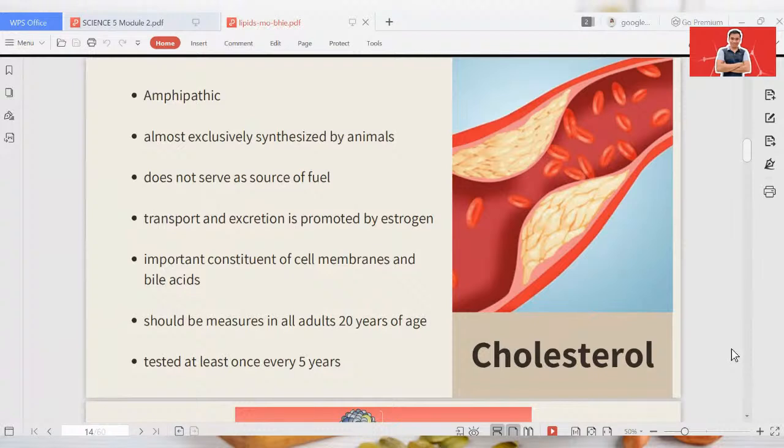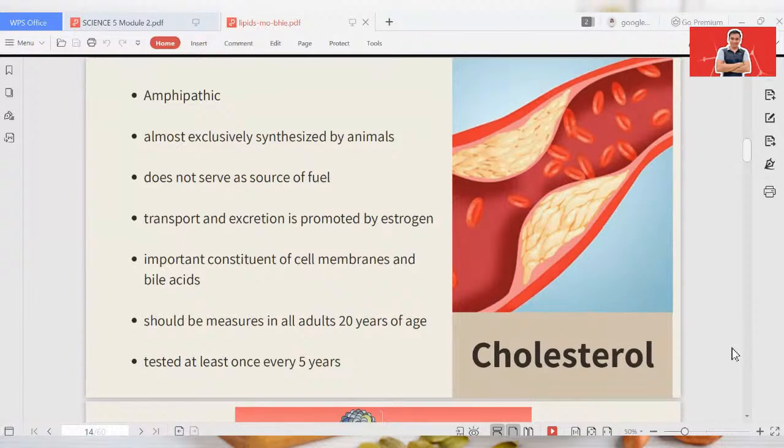Cholesterol, an amphipathic lipid, is as such an essential structural component of membranes, where it is important sa maintenance ng correct permeability and fluidity of plasma lipoproteins. Almost exclusively synthesized by animals, but plants do contain other sterols similar in structure to cholesterol.